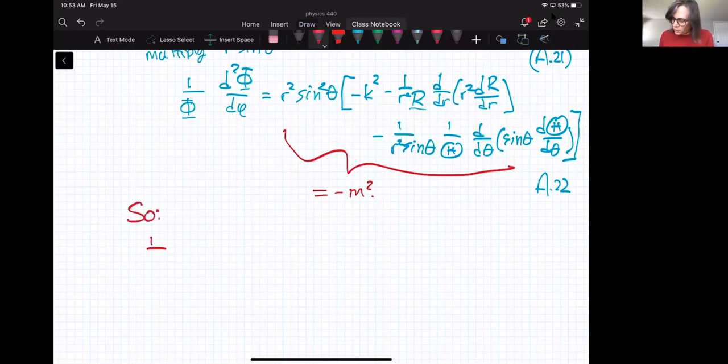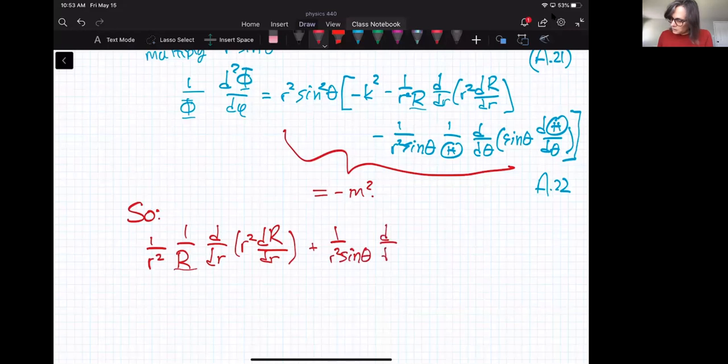So then we have 1 over capital R d dr r squared dR dr, plus 1 over r squared sine theta d d theta sine theta d theta, minus m squared over r squared sine squared theta, all of which is equal to minus k squared.